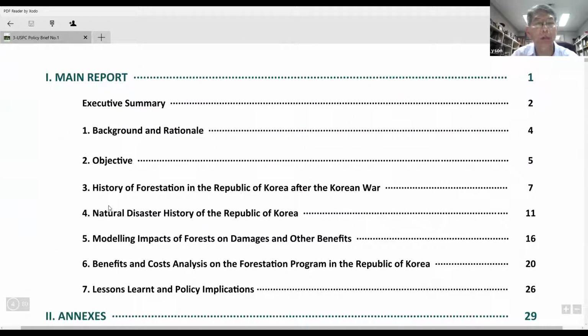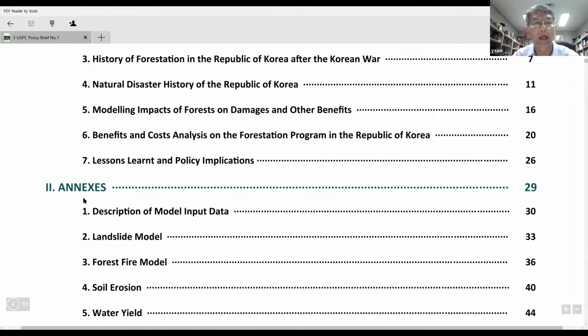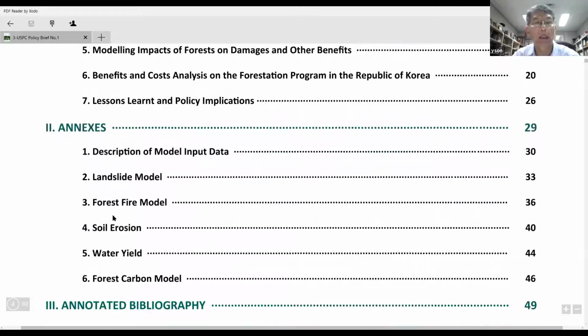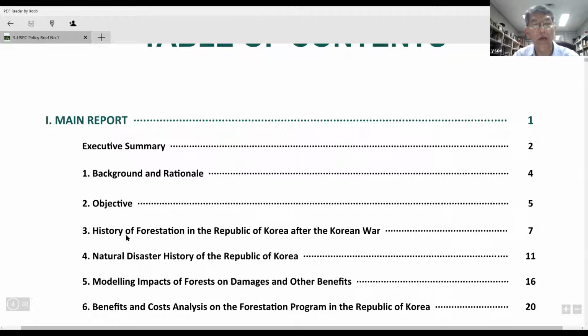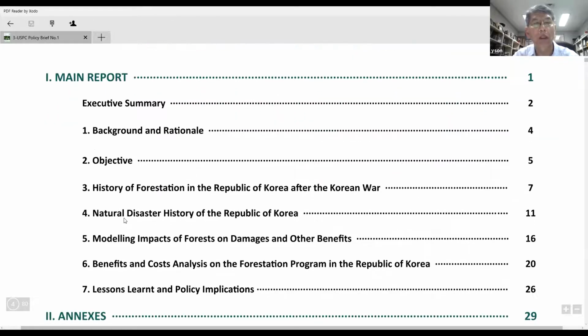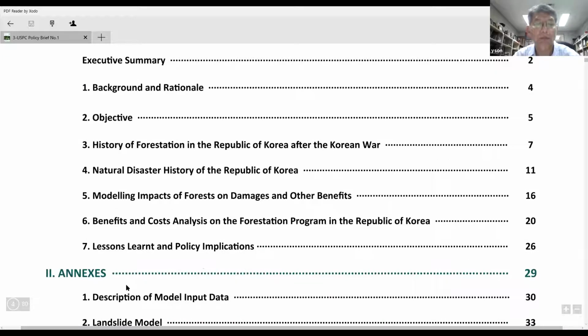In this publication, we have main reports and annexes. And this main report has executive summary and background, objective, history of reforestation, natural disaster history, modeling, BC analysis, some implications.